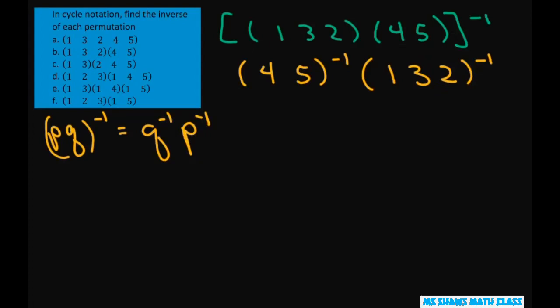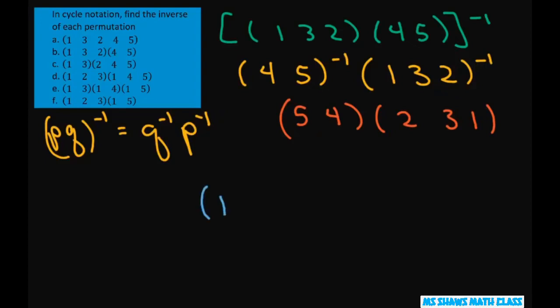Remember, permutations are compositions, but sometimes we call them the product or combining or multiplying. So either way, it's really compositions. So now that we have this, we reverse the order. This is (5 4)(2 3 1).